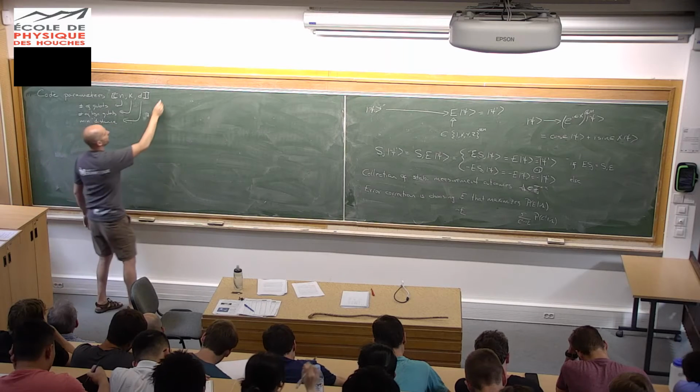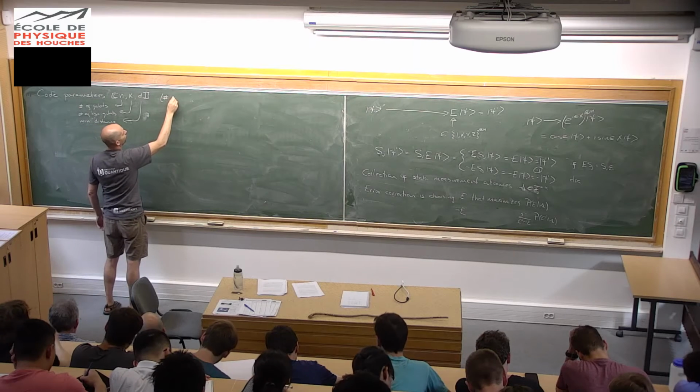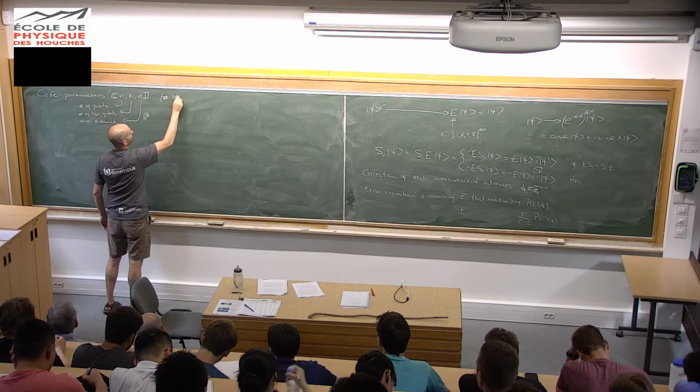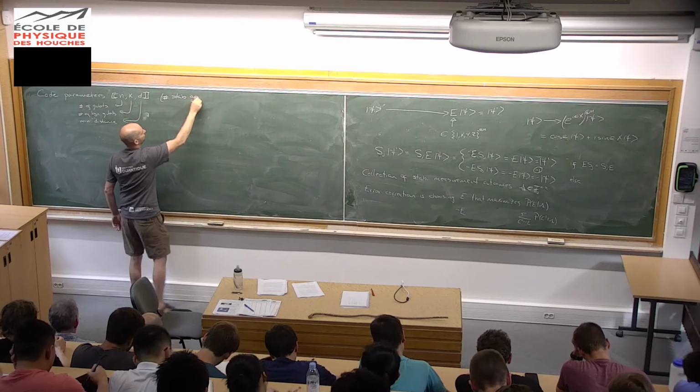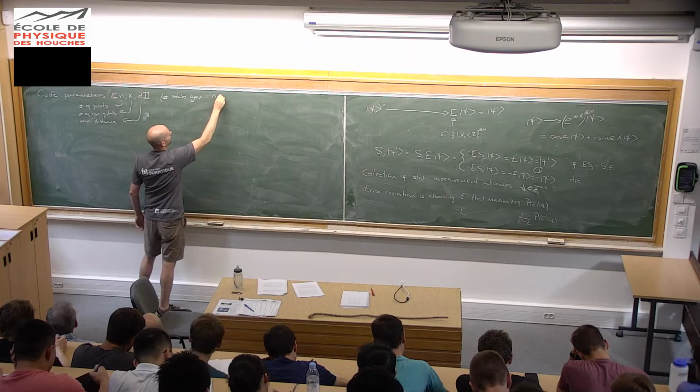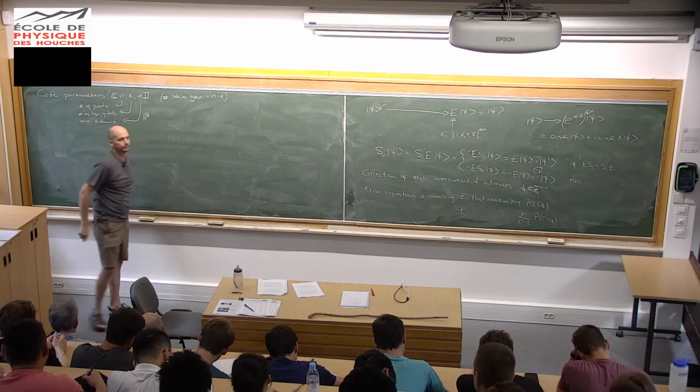And by the way, the number of stabilizer generators is equal to n minus k, as in the classical case.